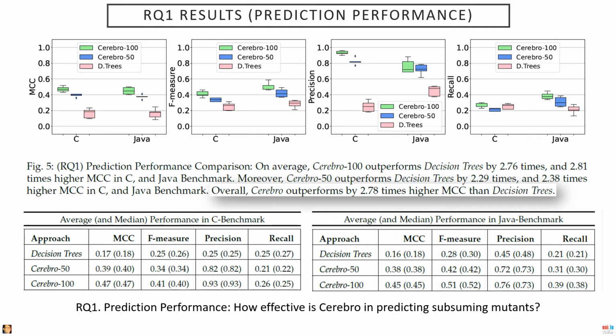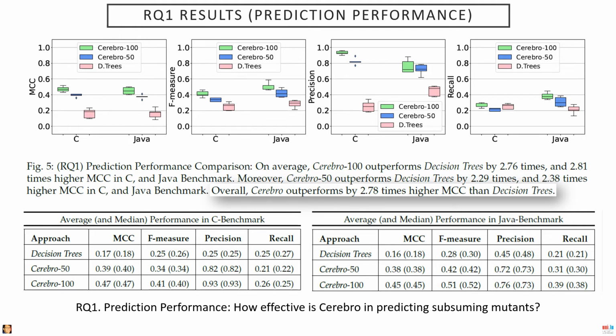Apart from comparing with other approaches, we also wondered what will happen if we take larger sequences for Cerebro to train on. Does increasing the code context also improve the performance? Well, a short answer is yes, it does.